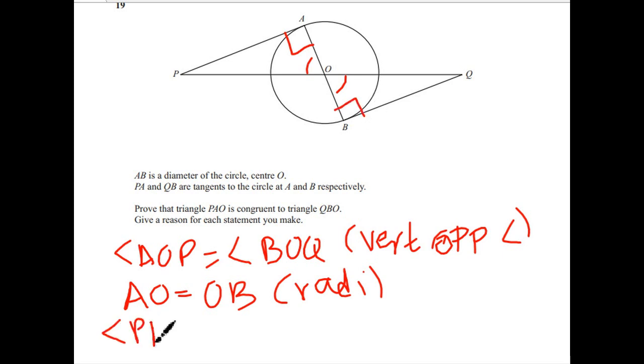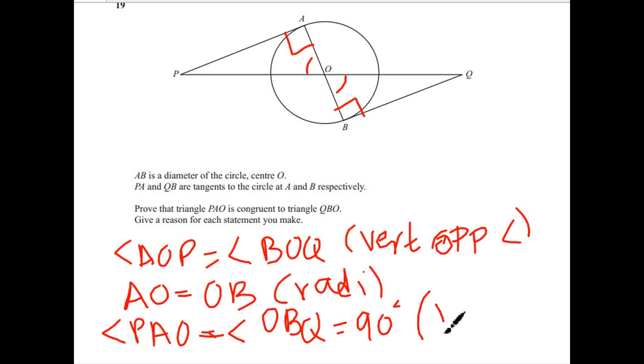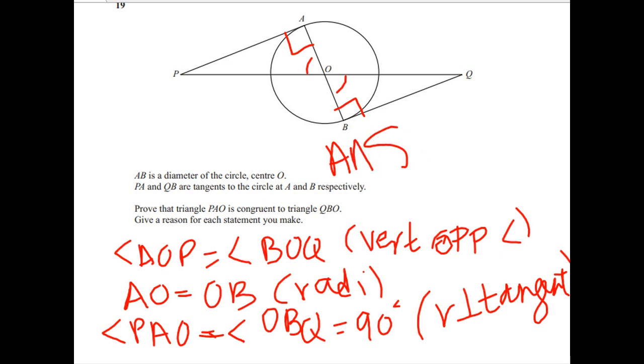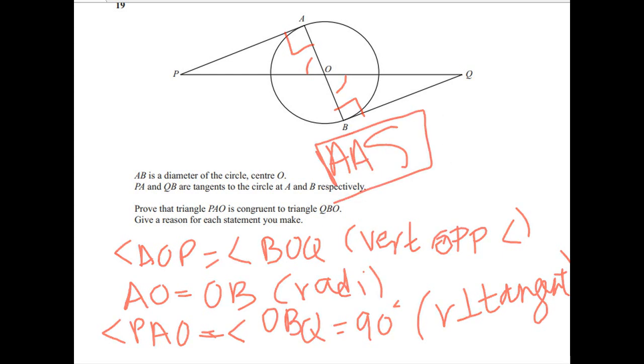So angle PAO is equal to angle OBQ, both are 90 degrees, and the reason is that the radius is perpendicular to the tangent. So hence the property side angle side is being applied, and these two triangles are congruent.